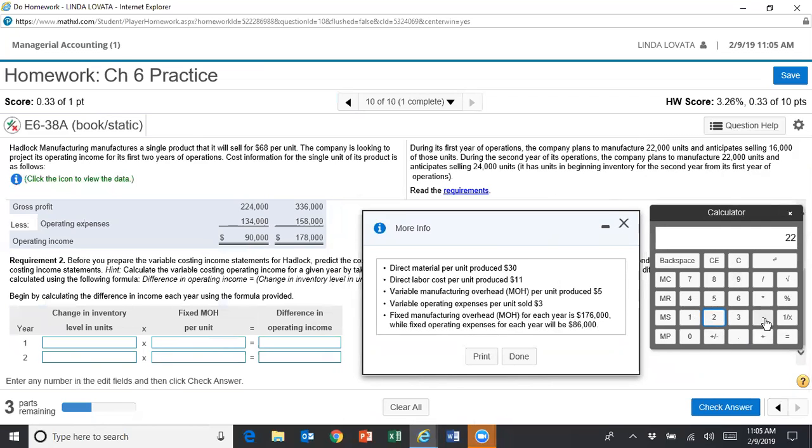And again, you can get rid of those zeros as long as you remember you got rid of them. And I sold 16, so my inventory went up by 6,000. And my overhead rate, so that goes here. And then my overhead rate is 8.